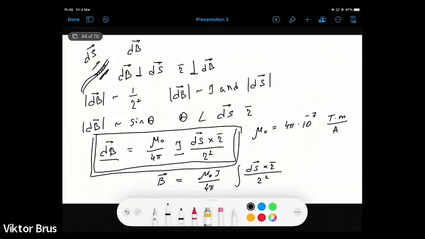That is the so-called Biot-Savart law, which means that the magnetic field vector is always perpendicular to the basis formed by the small length element ds vector and the unit vector r, which defines the direction from the length element ds towards the point where we want to determine the magnetic field.